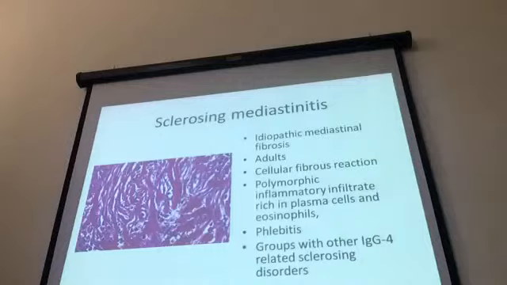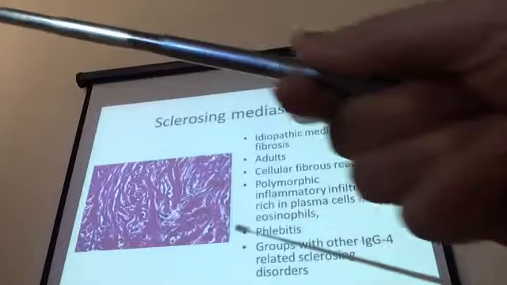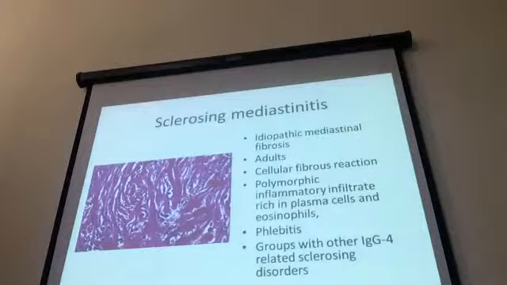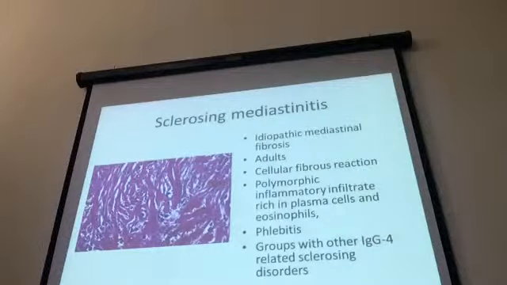And it's not the same as the fibrous proliferation with sclerosing Hodgkin's disease or with sclerosis in a thymic cyst. Typically, we have a rather rich plasma cell infiltrate, and this disorder is one of these IgG4 sclerosing diseases.